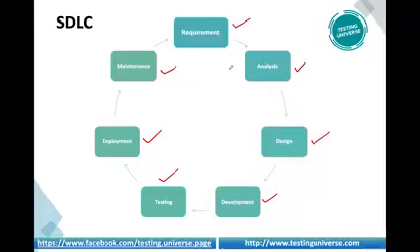But you can see here, what is this requirement? We have to go in detail about this, and this is one phase or one step, right? And then who are all involved in this particular phase.